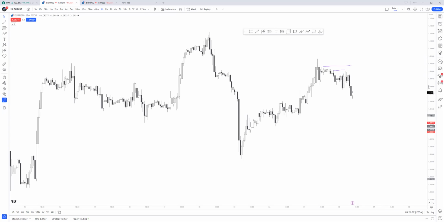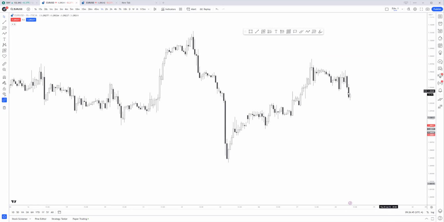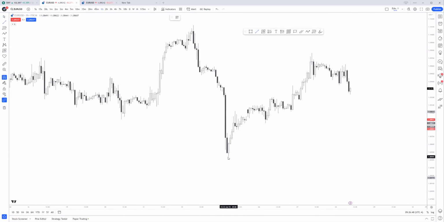So do we have to keep updating our next likely draw on liquidity, if that makes sense? So your next likely draw on liquidity is your target, right?